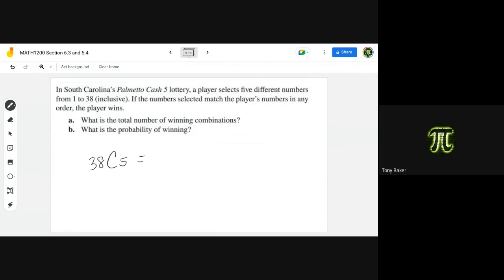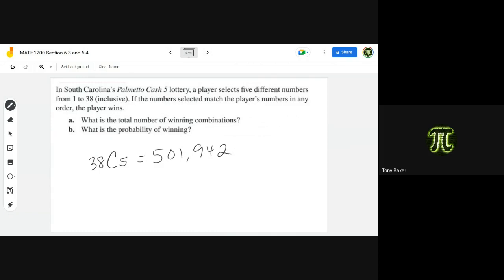So we got 501,942 possible combinations. All right.